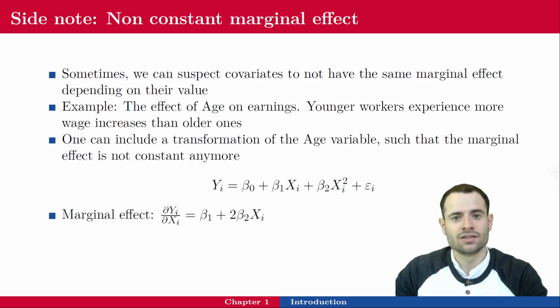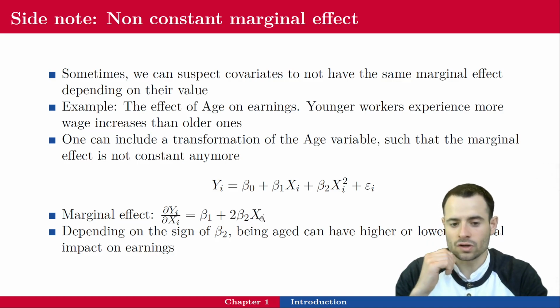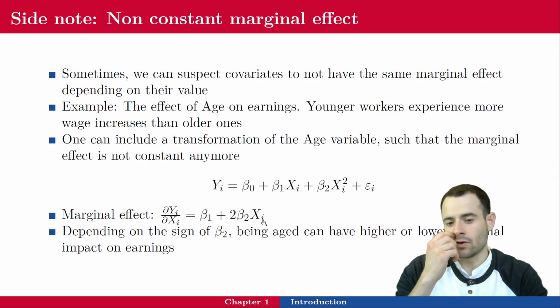It depends on the age of people. So if beta 2 is negative, the older a person is, the lower the marginal effect. But if beta 2 is positive, the bigger the x, so the bigger the age, the older the worker, the higher the effect on earnings, on the wage.